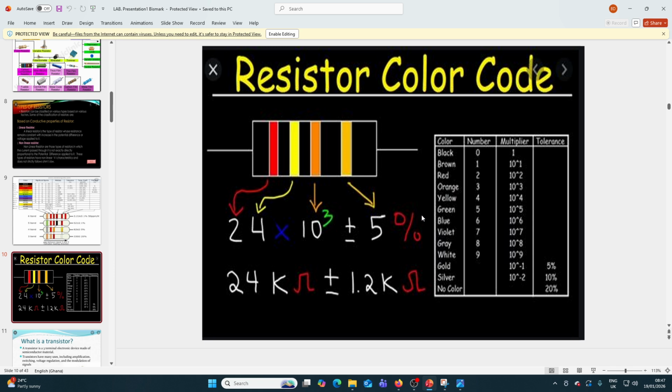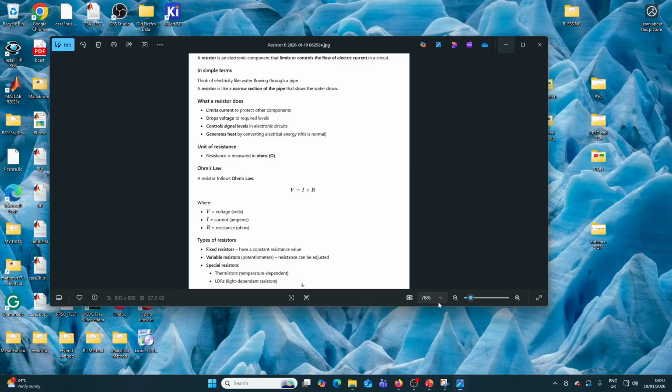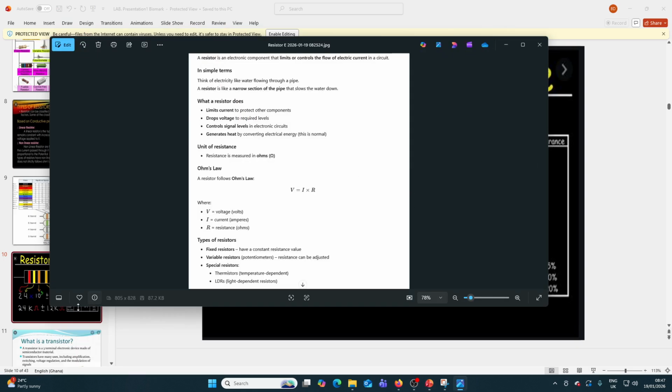So let me give you some resistors, and then with the help of this color code, try and find the value of the resistor. Okay, so I can find you some resistors here.